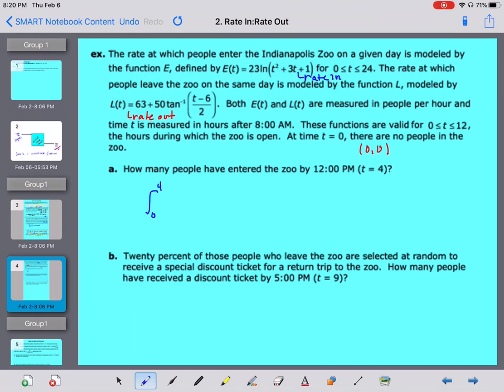And I'm talking about the people entering, so I'm talking about my rate in, which is E of t dt. And then when I calculate that, again, all this work I've done in a calculator, I get 203 people. So by 4, 203 people have entered the zoo. Okay, so maybe we write that down.